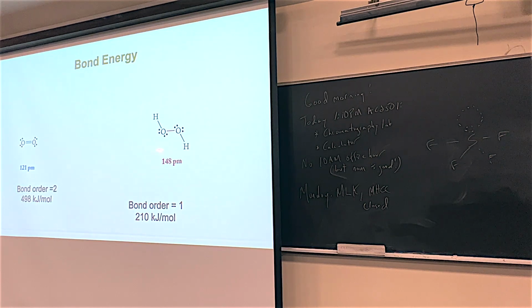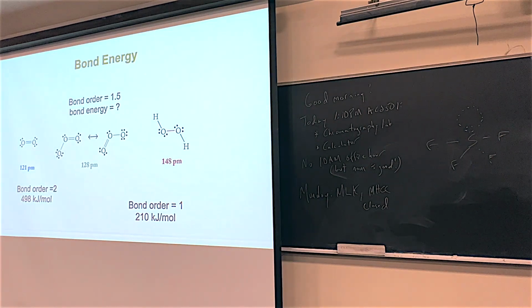So bond order has gone down, bond length has gone up. Oxygen-oxygen single bonds are usually longer than the double bond value. And as bond order goes down, the bond energy should go down as well. So it takes 498 kilojoules to break up O2 and 210 to break up O-O.